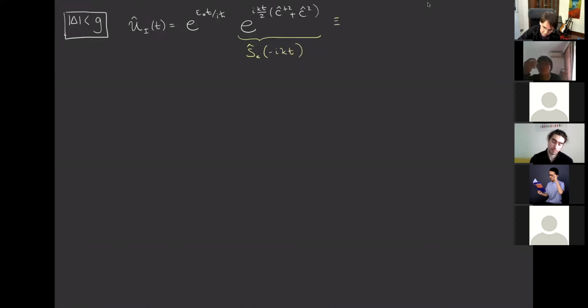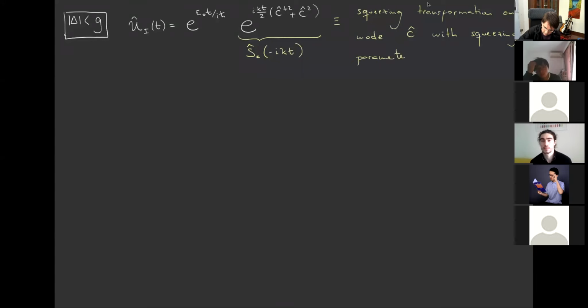So in other words, this is a squeezing transformation on the Bogoliubov mode C with squeezing parameter set equal to kappa t and e to the i pi over 2, actually minus i pi over 2.